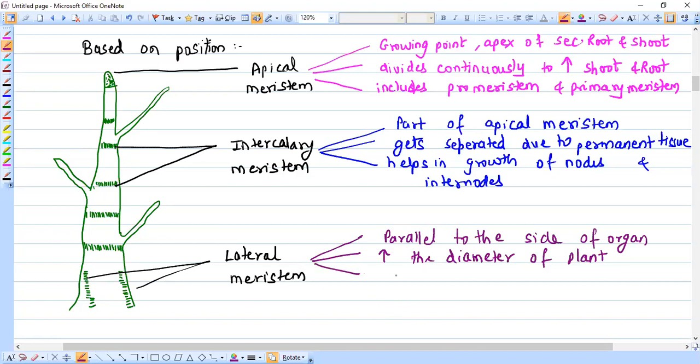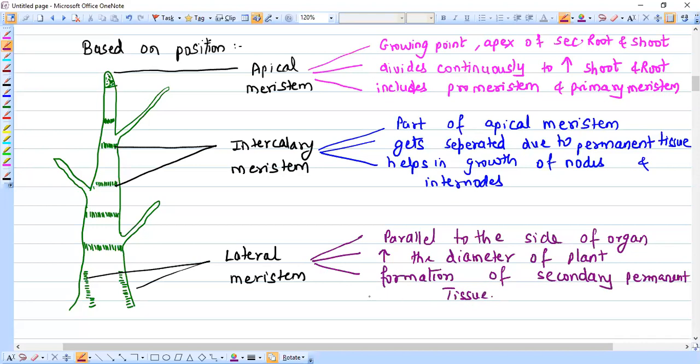And what it forms: it results in the formation of secondary permanent tissue. Means the cells that will not divide further become the permanent tissue.